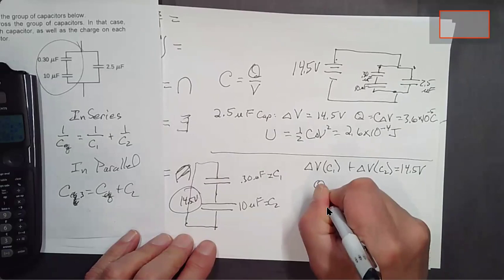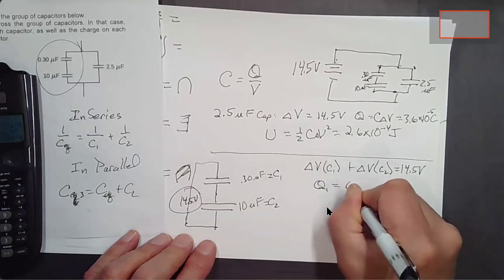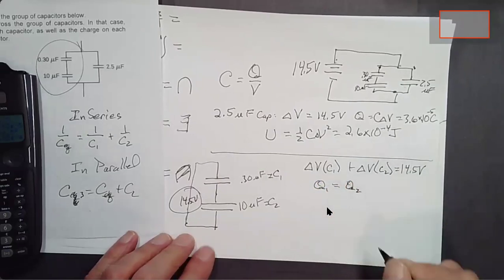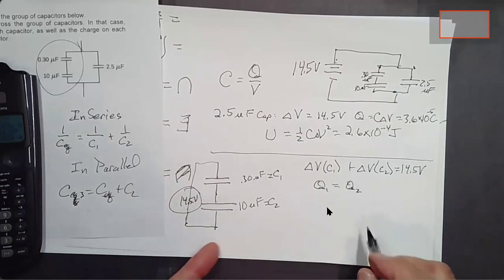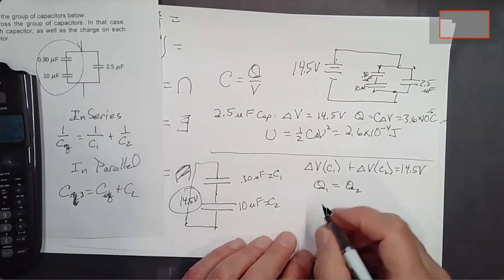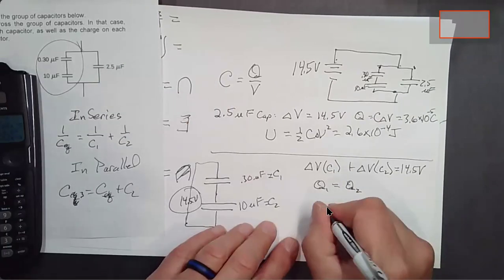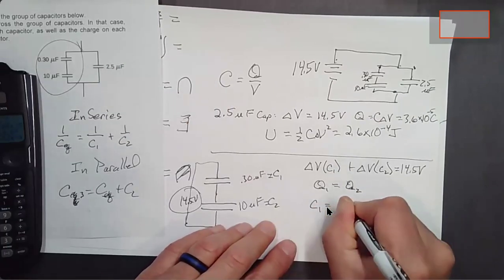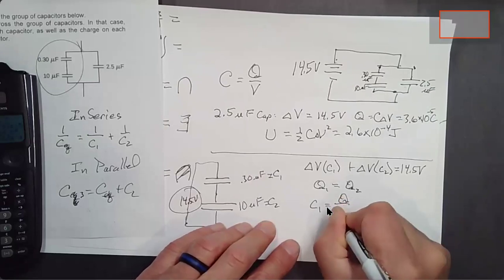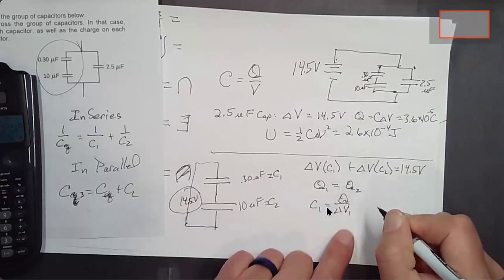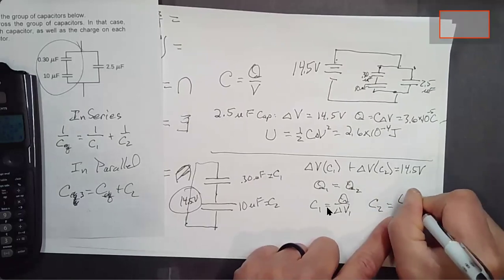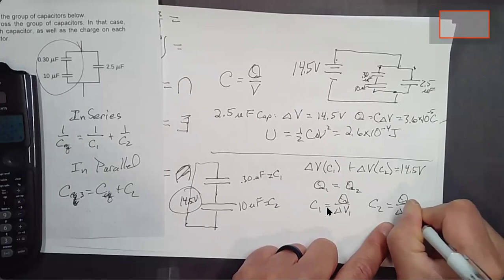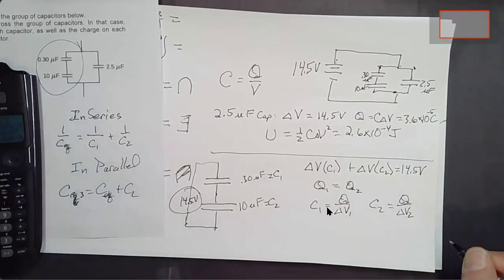So Q1 will equal Q2. The capacitance C1 will equal Q over delta V1, and C2 will equal the same Q over delta V2.